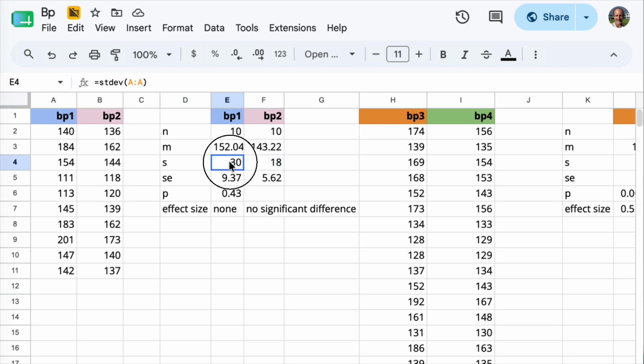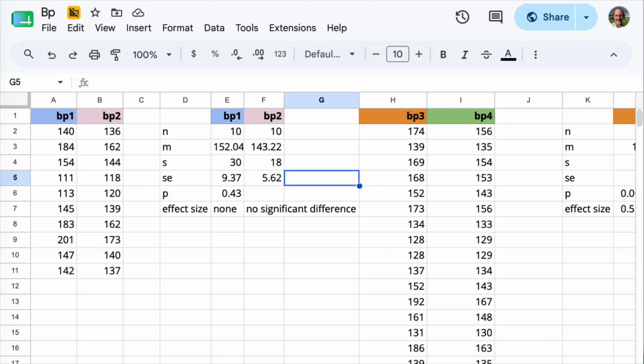And here we can see the standard deviations, which are a measure of that variability, and the standard error of the mean here tells us how much variation there is. What we're really seeing is that this 152 could be up or down literally by about 18 or more. Plus or minus 18 would be perfectly reasonable. So we can't get a good definitive answer because our sample size is small.